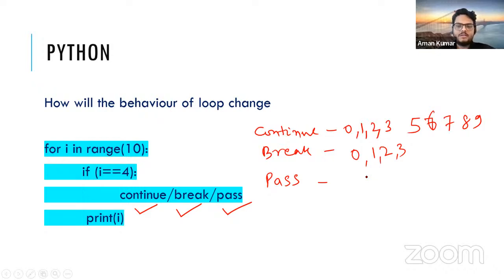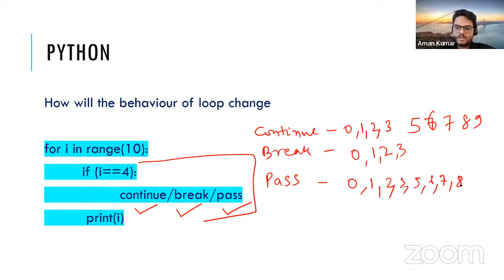Pass will do nothing, right? So in the case of pass, you can think like this: the if statement is not there at all. Am I right? That's what you guys are saying, right? In case of pass, this if is not there at all. Pass means everything: 0, 1, 2, 3, 5, 6, 7, 8, 9.